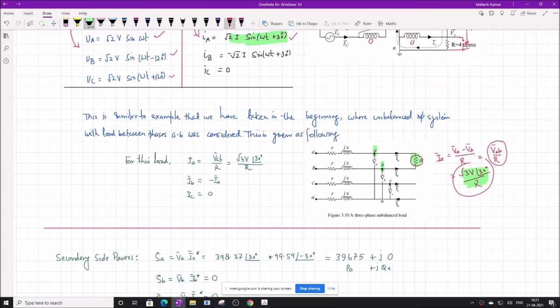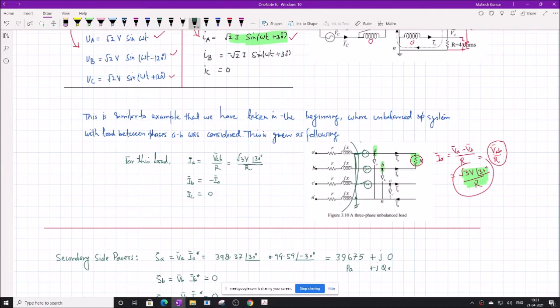The only difference is that here you have to connect the three-phase power supply, so you can forget this part and connect the three-phase power supply here. VA itself is VA here, this is VB, this is VC, and the neutral is grounded. Connect this together and make it grounded here. You forget this.